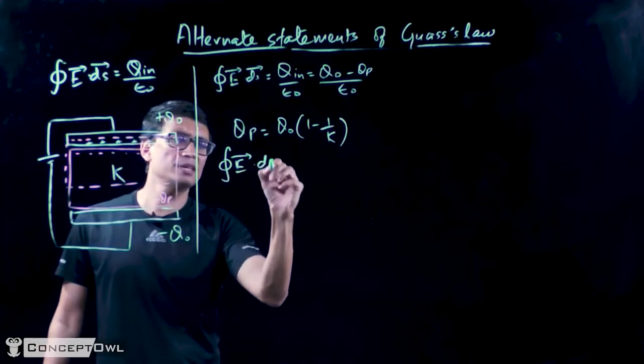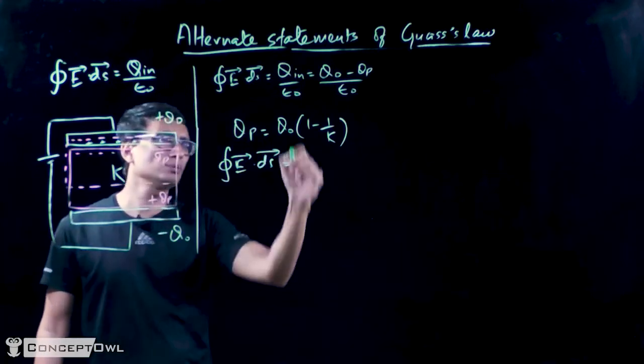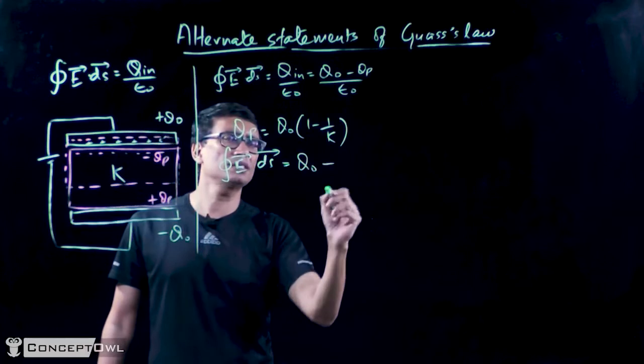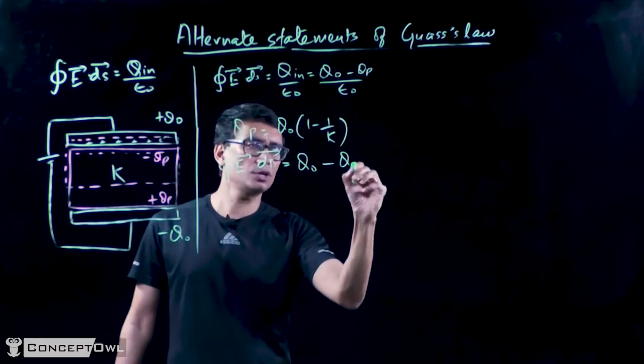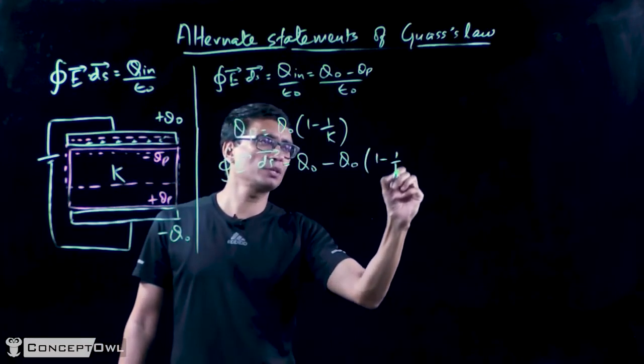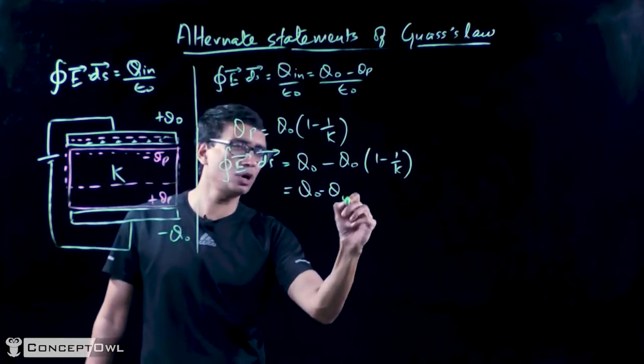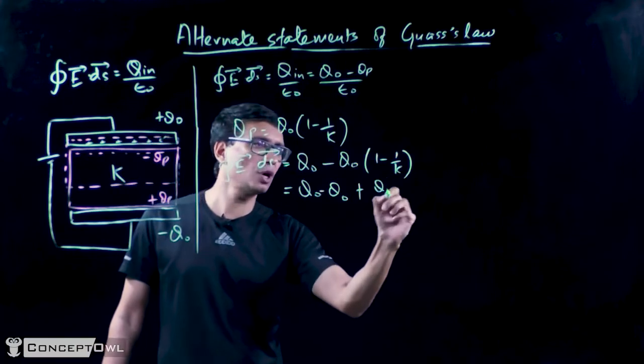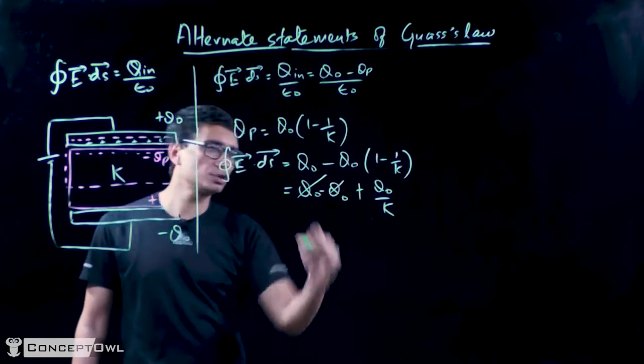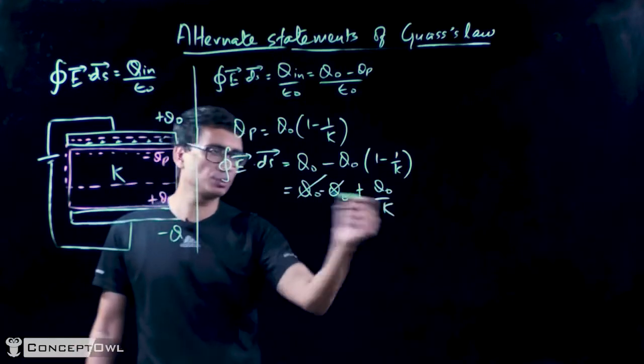I'll get the integral of E dot ds equal to Q naught minus QP, which is Q naught into 1 minus 1 upon K. If you open this up, you'll get Q naught minus Q naught plus Q naught upon K. These two cancel out, and we have this equal to Q naught upon K, all divided by epsilon naught.